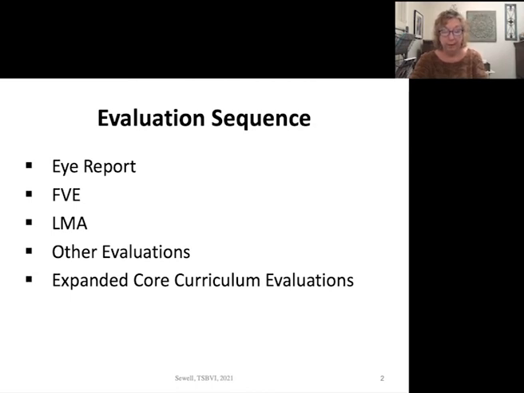And so when you start this process in this sequence, you need to review the previous information, including previous eye reports, what devices they might be using, the lighting they might need, determining the test that you're going to use. And it's really important that you establish rapport with students before you start evaluating them.